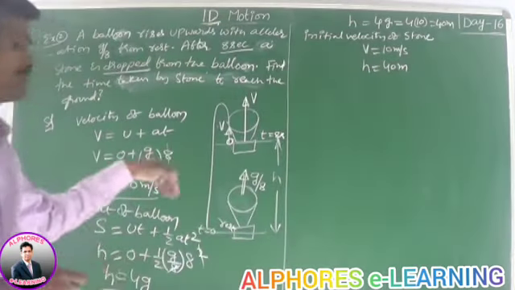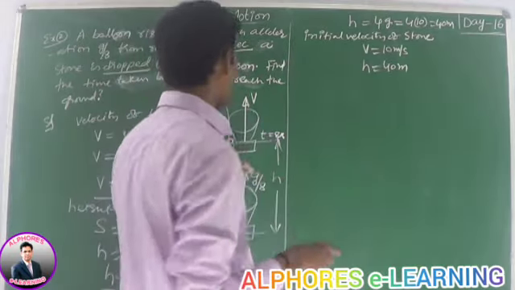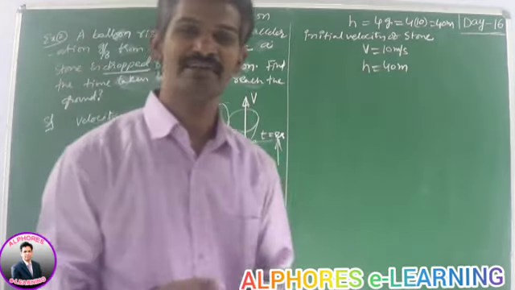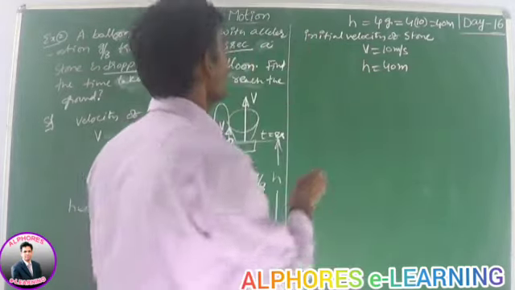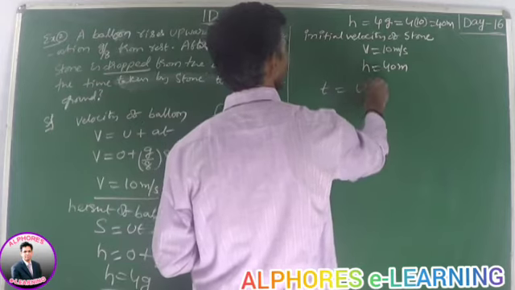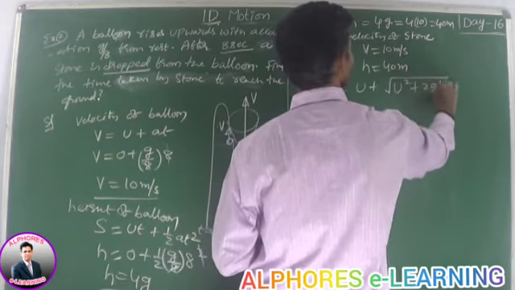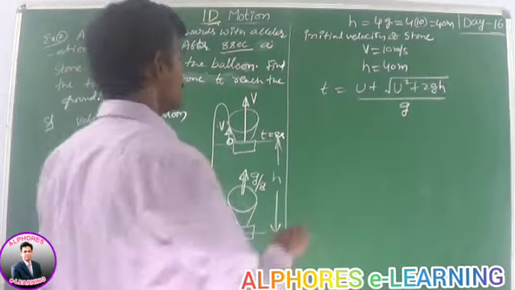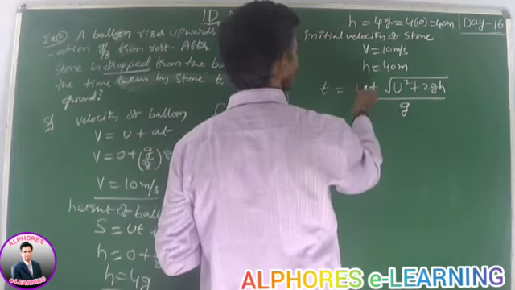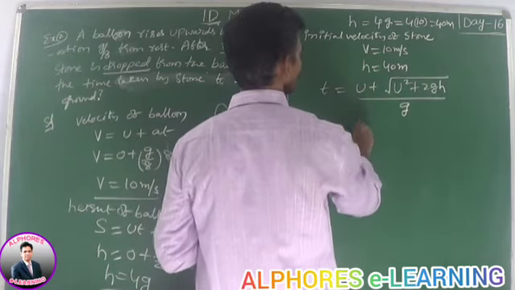Based on this, I want to calculate the time of flight. How to calculate this time of flight? We already have a formula, that is t is equal to u plus under root u square plus 2gh by g. Here we have, instead of v, we have u. So this u is 10.